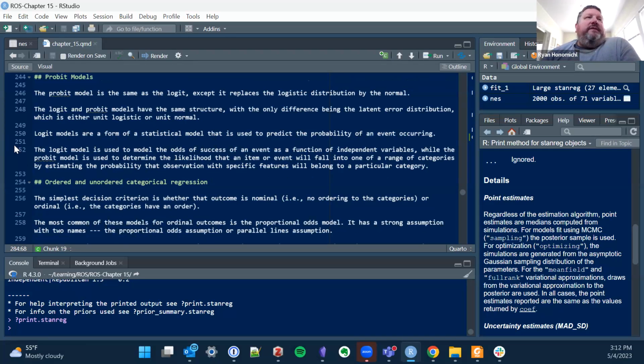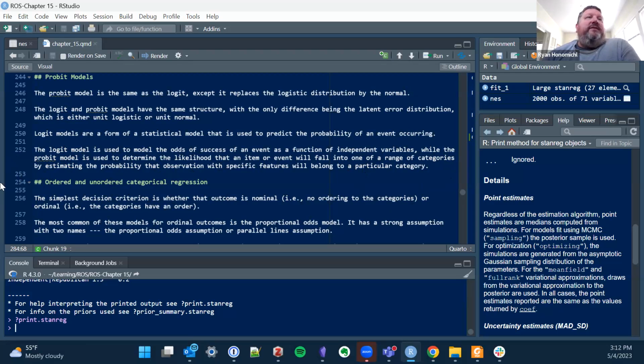And of course, logit models are a form of model where we're trying to predict the probability of something happening, typically dichotomous, yes or no. If we were to play out the odds ratios, we would say that logit models are used to model the odds of the success of an event as a function of one or more predictors.